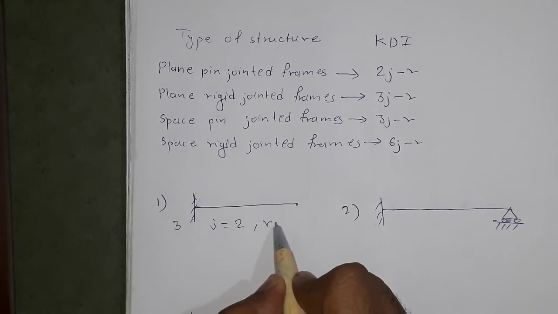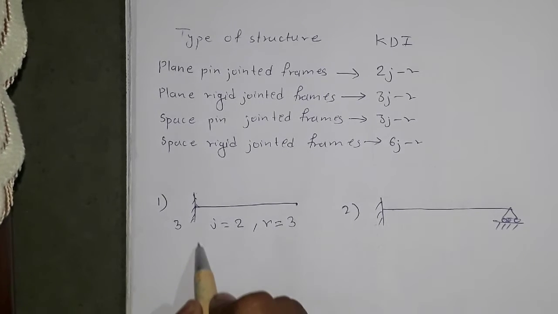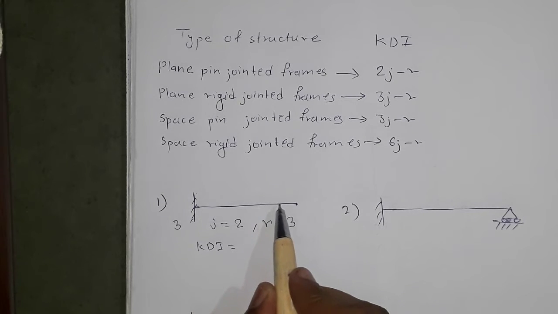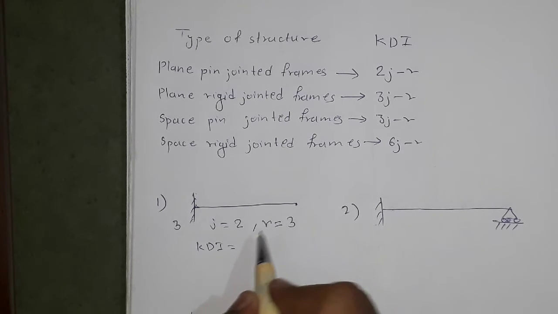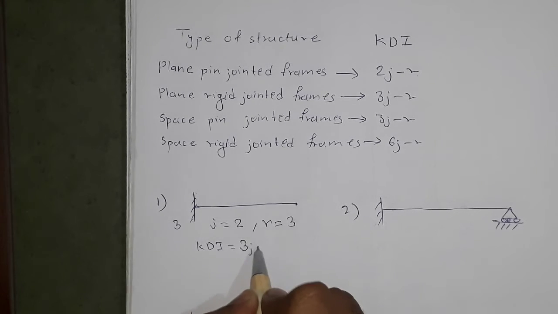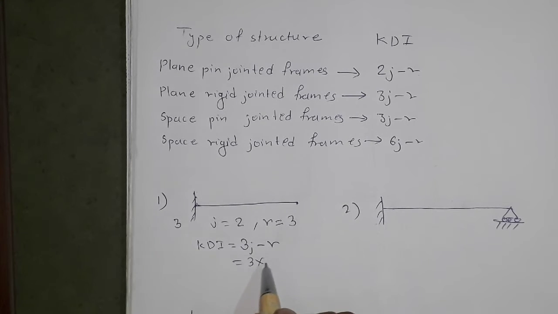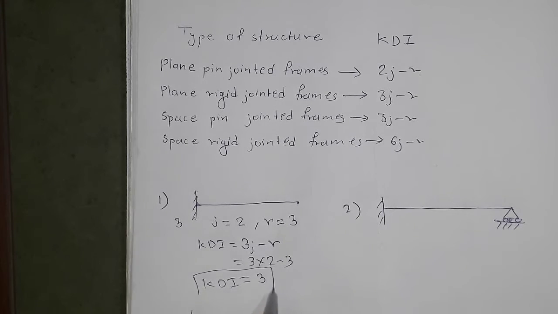So R equal to 3. As this is a beam, a rigid jointed structure, KDI will be 3J minus R. So it will be 3 into 2 minus 3, which will be equal to 3. So KDI will be equal to 3.